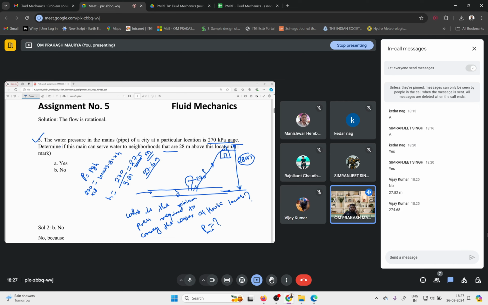Please try to calculate and write your answer in the chat box. It is very easy. If you think about my previous solution, then you can easily calculate.